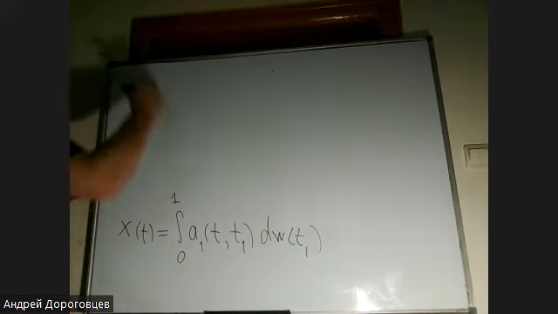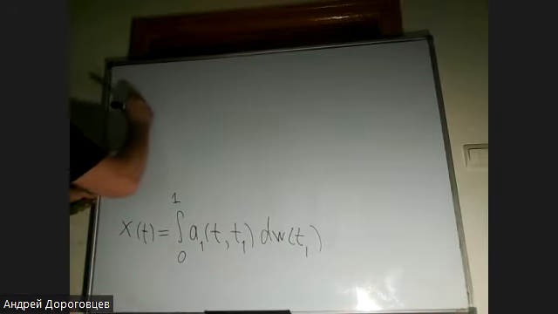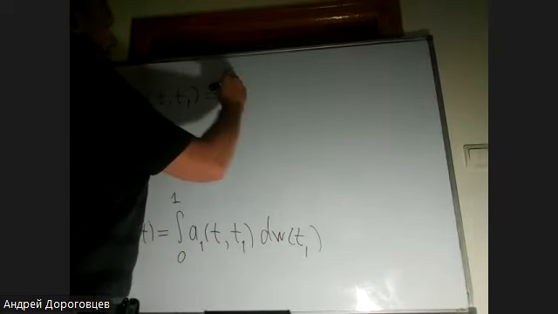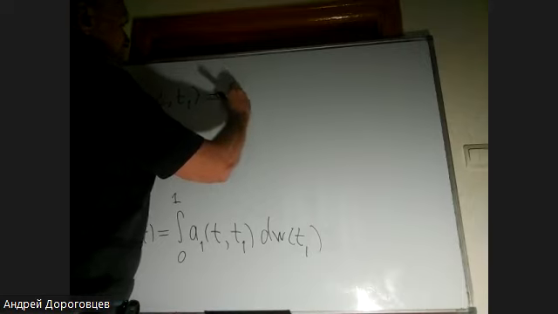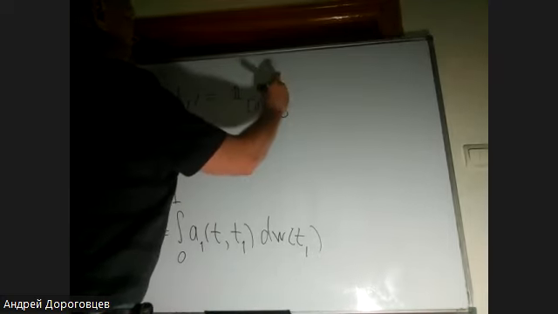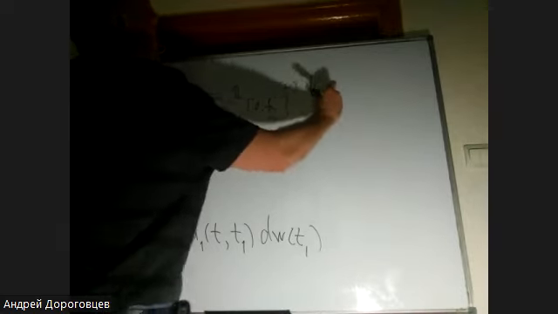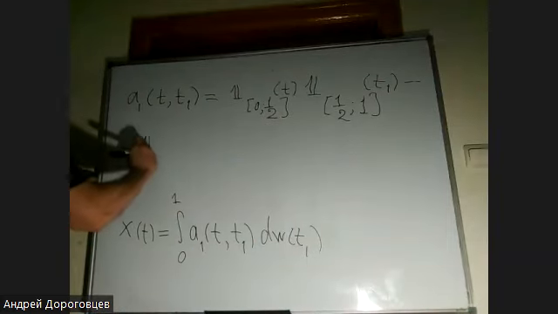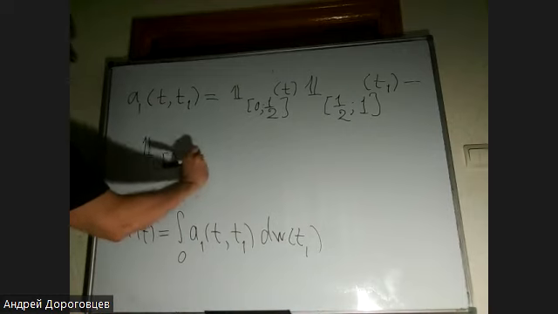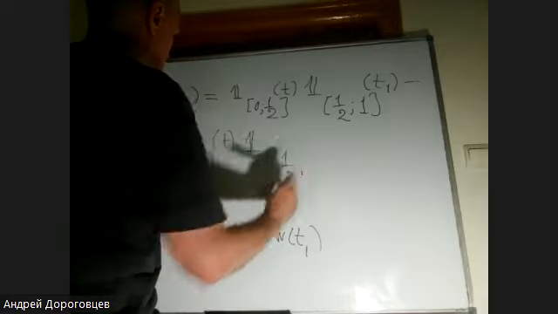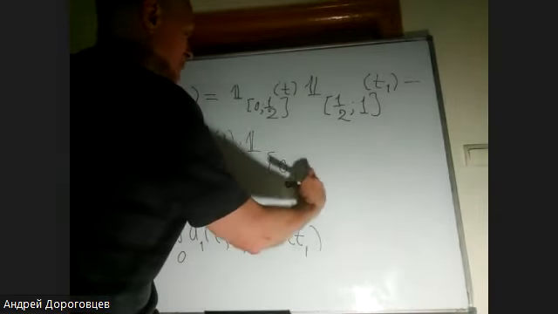So let us write this. a1(t, t1) is equal to the following: the indicator of [0, 1/2] of t multiplied by the indicator of [1/2, 1] of t1, minus the indicator of [1/2, 1] of t multiplied with the indicator of [0, 1/2] of t1.